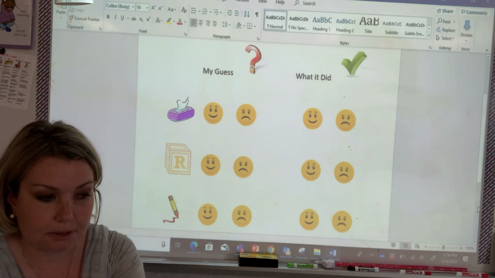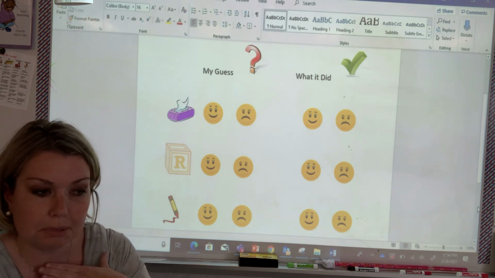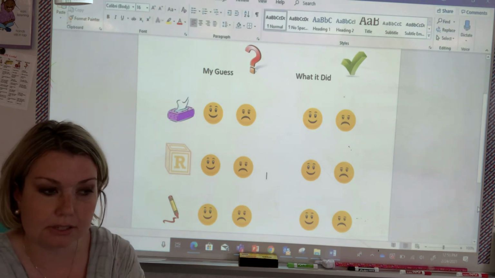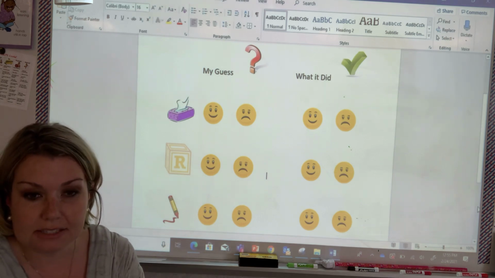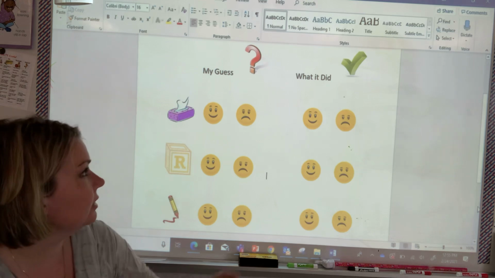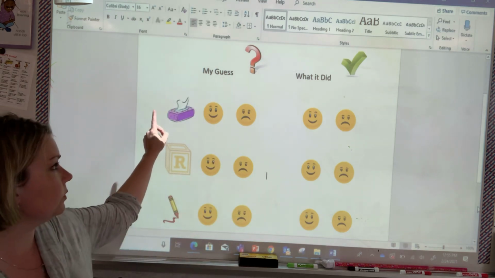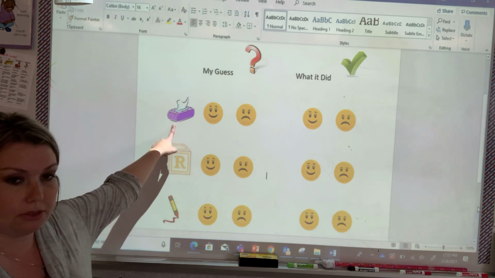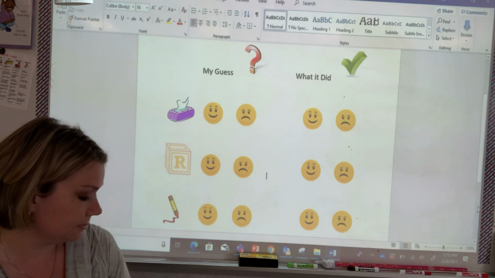So we saw that the wind blows things, and we saw some of the things the wind blew. This is on your own. Let's make a prediction. What do you think? Do you think the wind can blow a tissue or not?